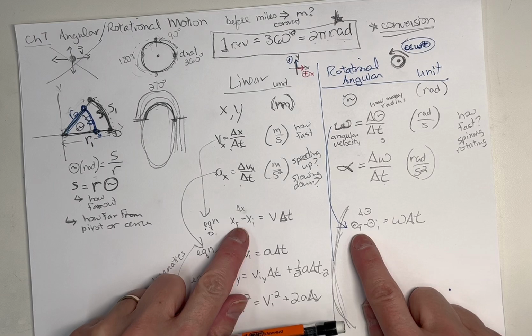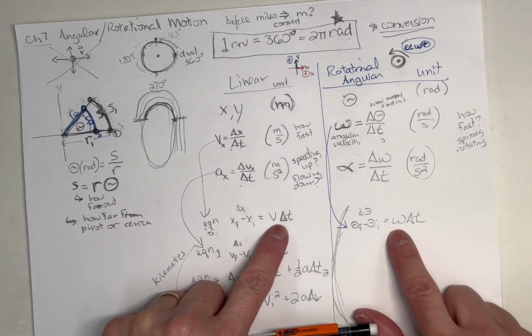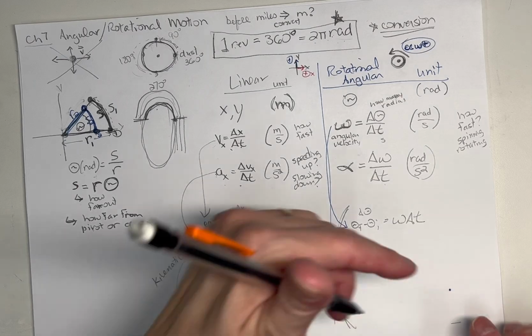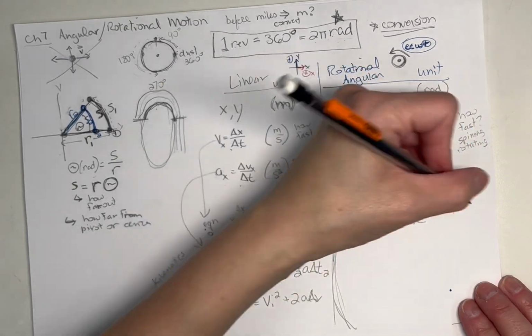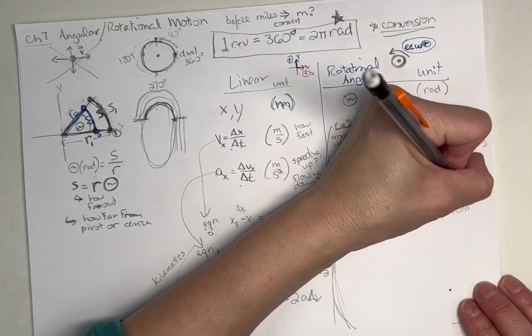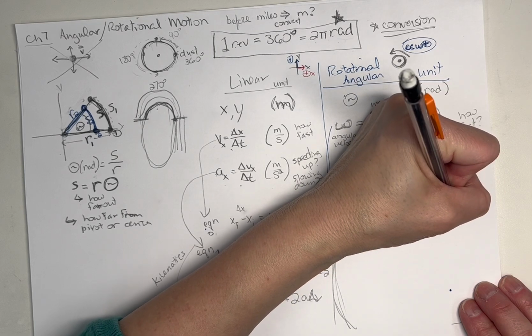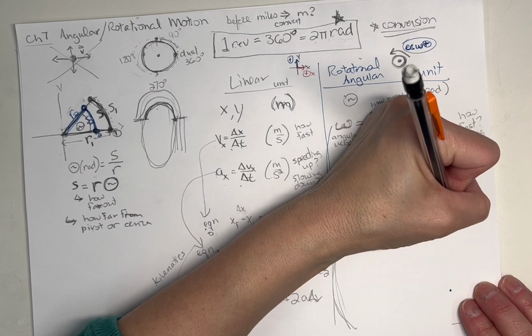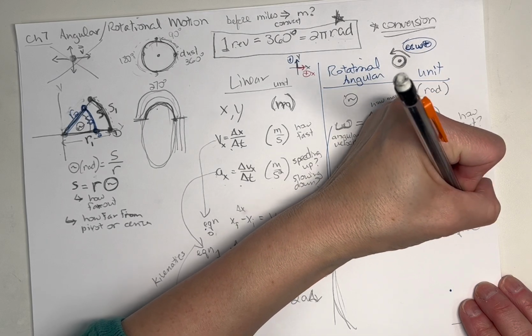Final displacement minus initial displacement equals velocity times time. These are in parallel. This entire thing is the parallel idea, but for rotation. So it's the rotational equivalent of equation 0.